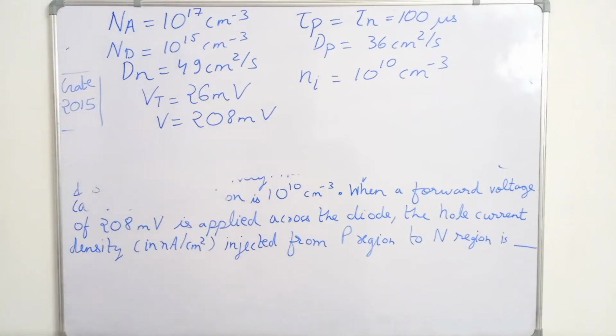Now what we have to find is the injected hole current density from P region to N region.